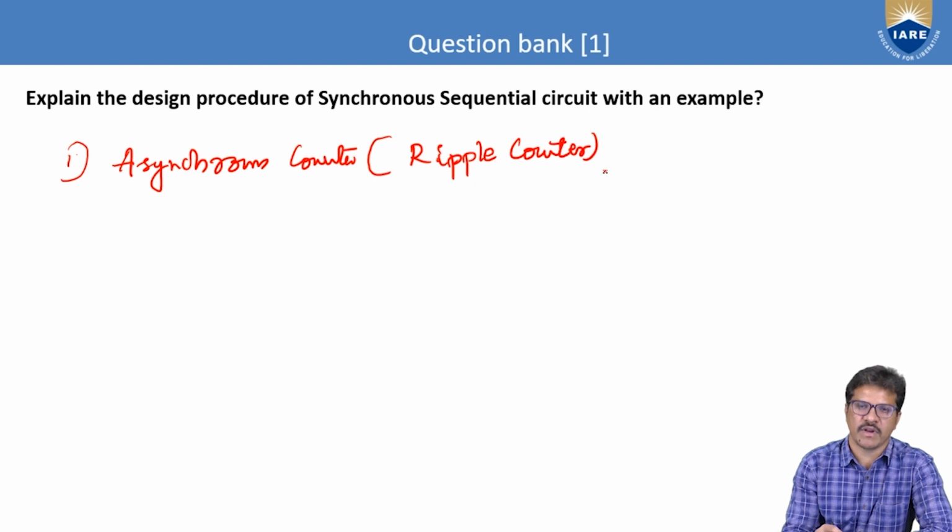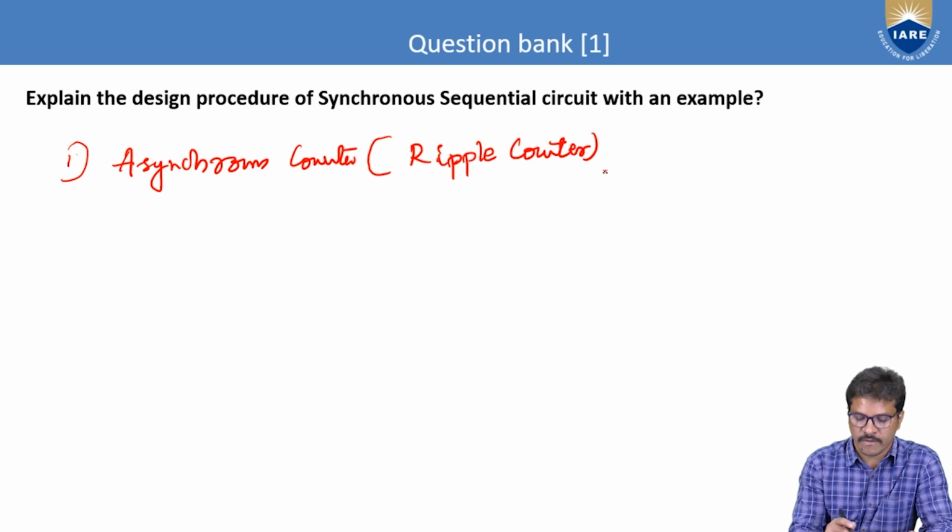Only the first flip-flop is driven by the main clock. The remaining flip-flop states are changed by driving the output of the previous flip-flop. That is rippled by the previous flip-flop. That's why they are called ripple counters.